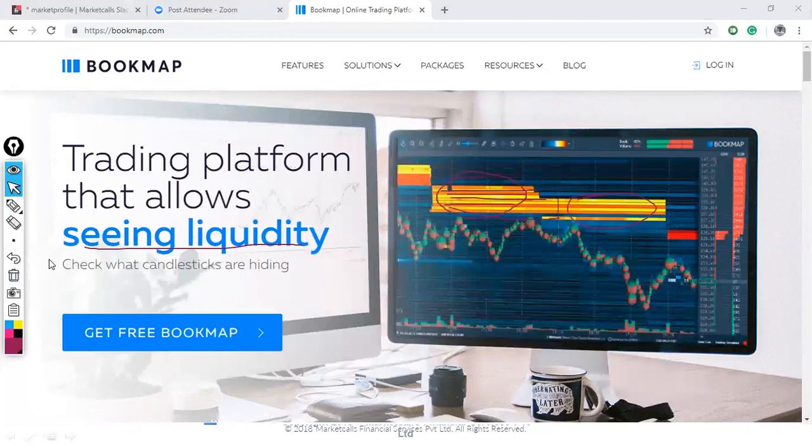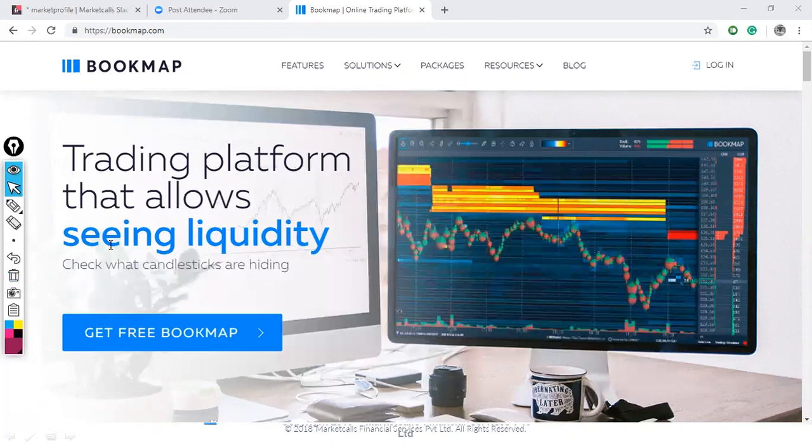Similar tools have now started arising, not only Bookmap. Bookmap started it, but similar tools are now developed by many NinjaTrader or MultiCharts vendors. This is a new evolving tool that has been in study for the last 2-3 years or so.